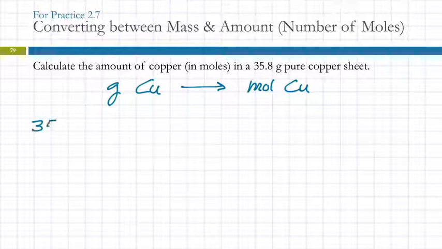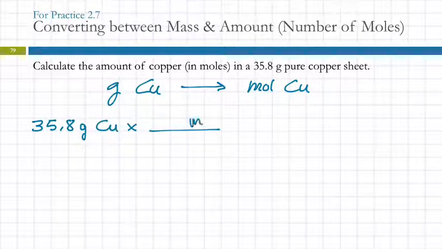So 35.8 grams of copper. And I'm going to use 1 factor here. I'm going to put moles on top and grams on the bottom, so the units cancel out. There's no thinking about, do I multiply by the molar mass or divide? Just get the units to work out. Now I need the molar mass, so I go to the periodic table. Copper is 63.55.